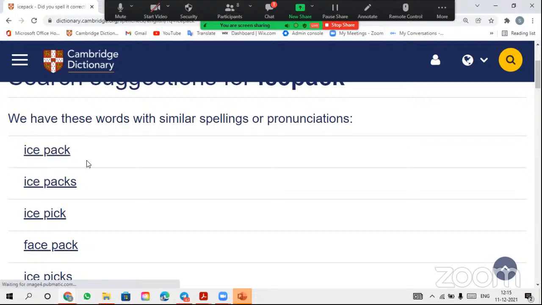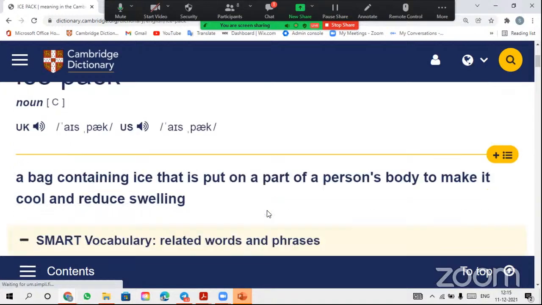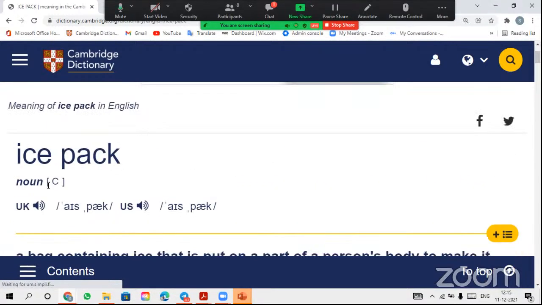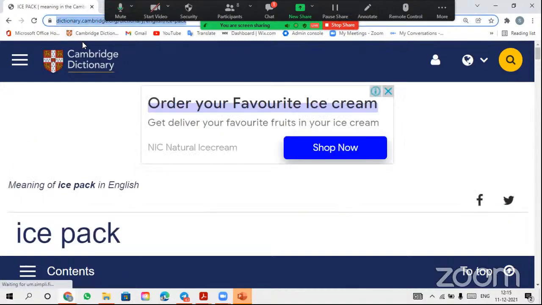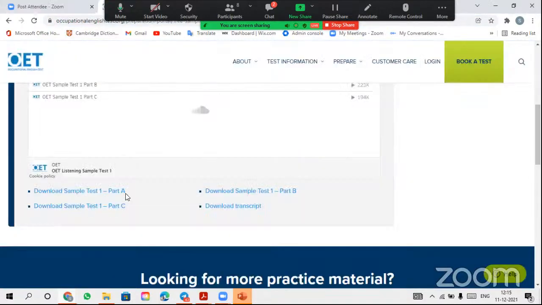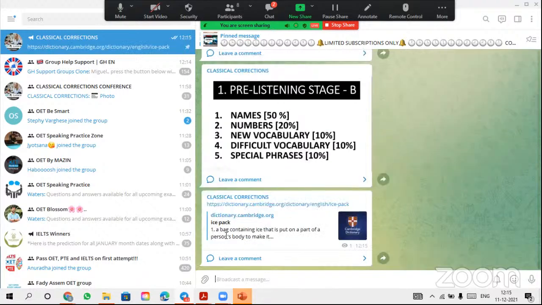Ice pack is a bag containing ice that is put on a part of the body to make it cool. So this is a noun, and it is separate words. Ice pack, two separate words. Very good. Cambridge Dictionary is telling you ice pack is two separate words.